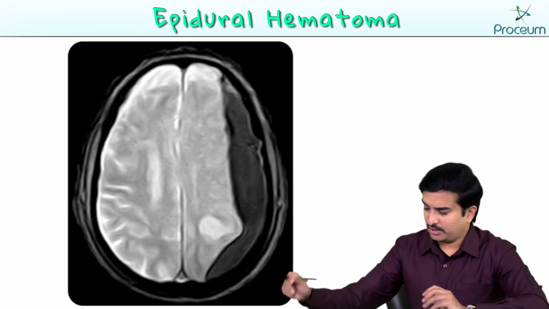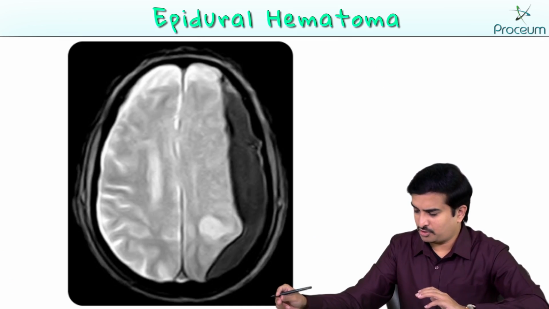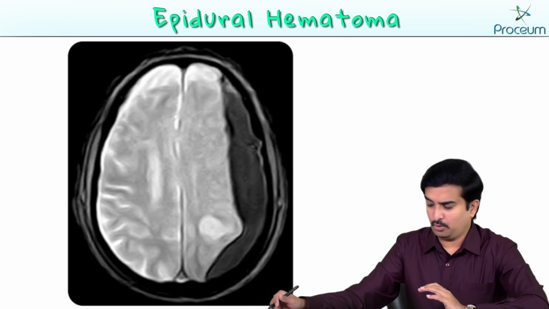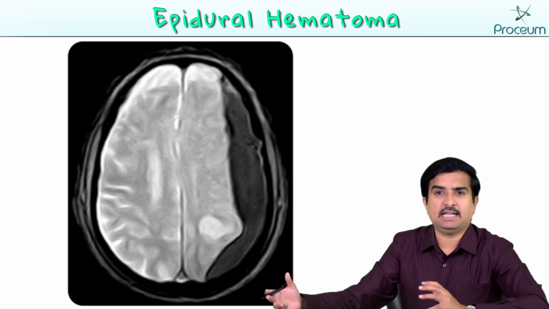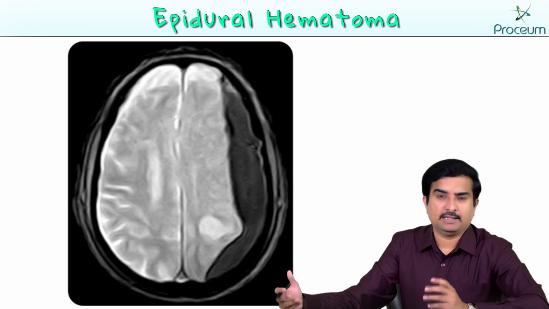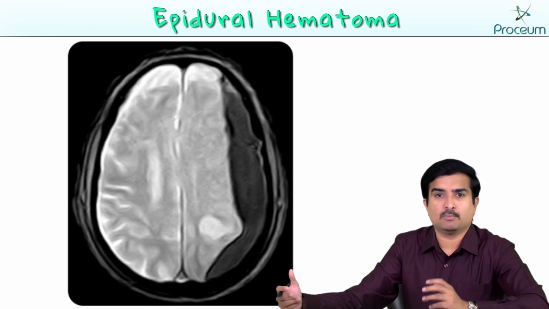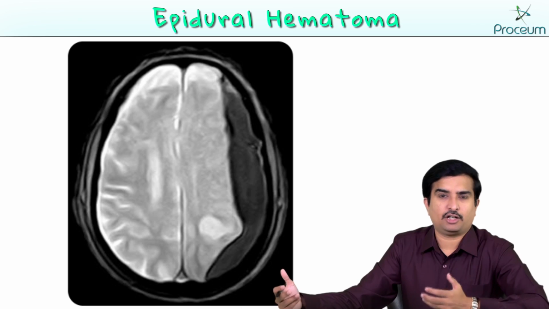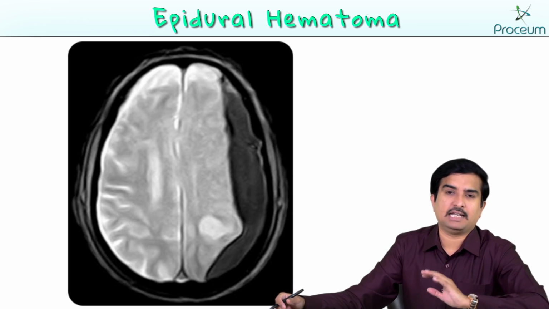Now, let us also concentrate on another image, the brain MRI here. We already mentioned that the CT is most widely available, and the brain magnetic resonance imaging is more sensitive when compared to the head CT scan for the detection of any type of intracranial hemorrhages.